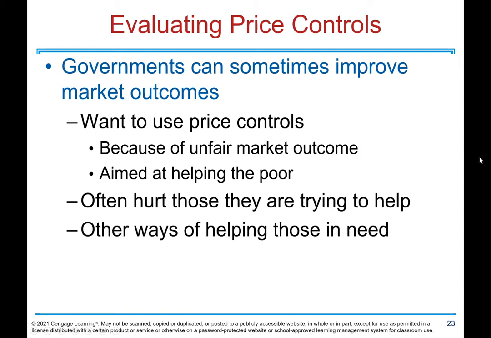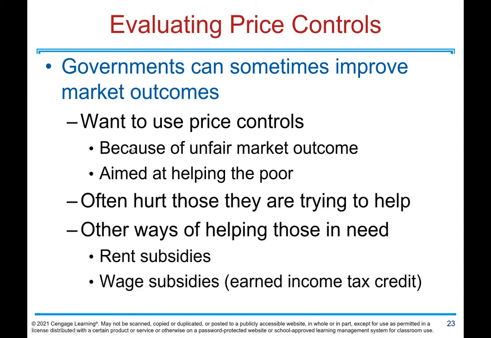Government can sometimes improve market outcomes. Here the government wants to use price controls to improve market outcomes because of unfair market outcomes, and it is aimed at helping the poor. So the government means well, but it often hurts those it is trying to help.